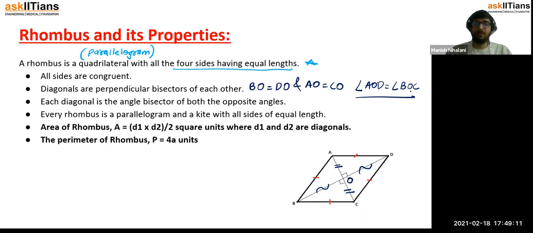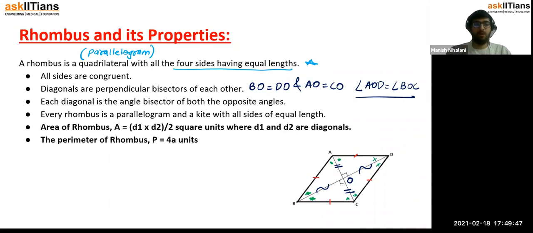Which means AC or AO bisects angle A, right? And DO also bisects angle D. Similarly, BO and CO are also bisectors of angle B and angle C respectively. So each angle is bisected, right? These are the symbols, that is they are bisectors.